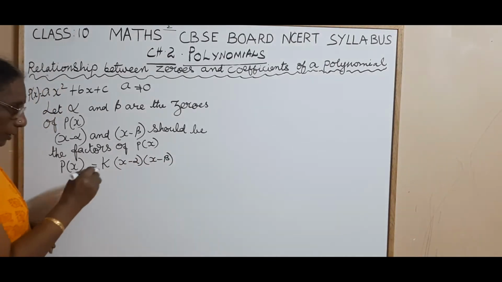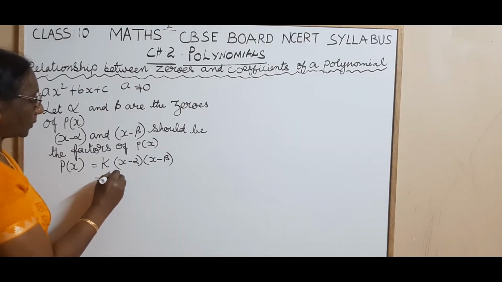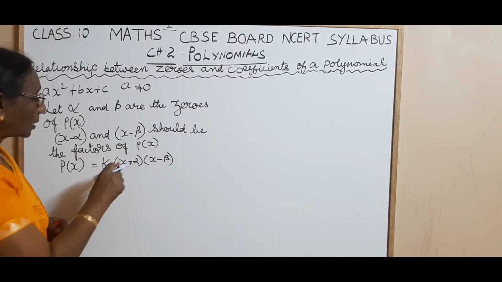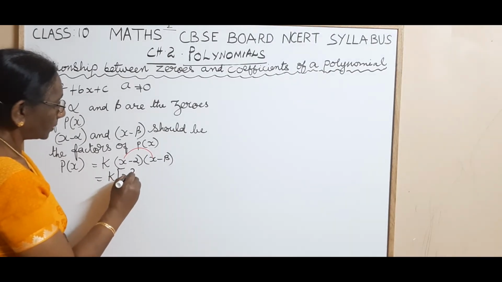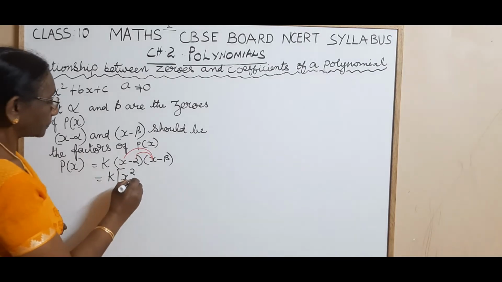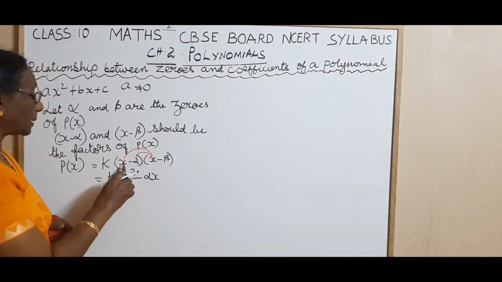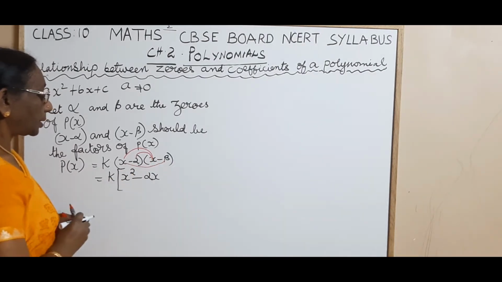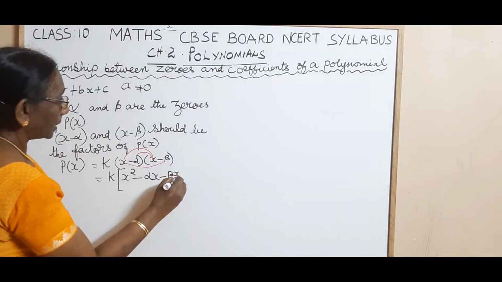Okay, children. So now let us multiply these two and find. So k times, first let us multiply this x and x. So what do you get? x square. Then let us multiply alpha and x: minus alpha x. Then let us multiply x and beta: minus beta x.